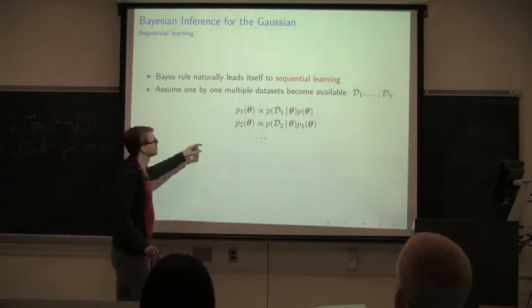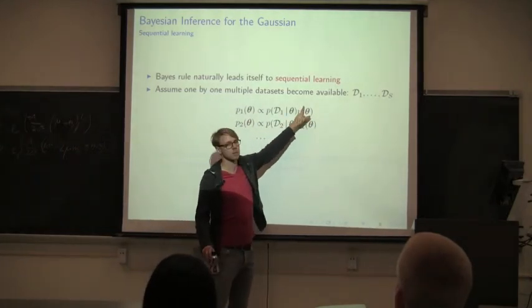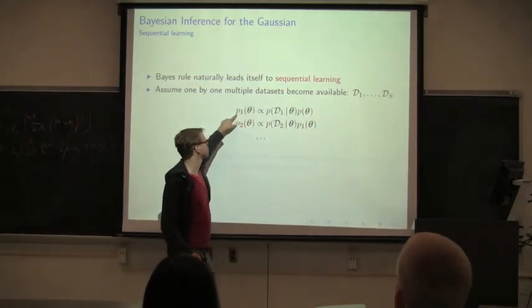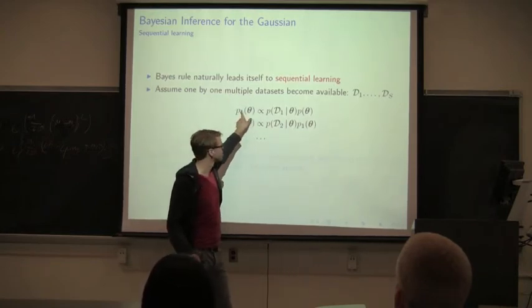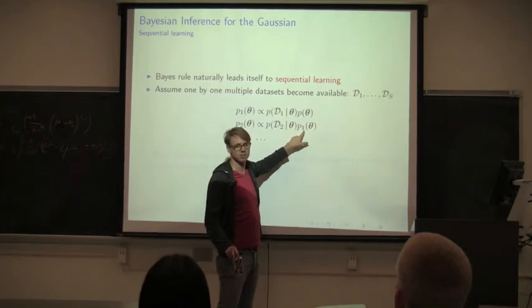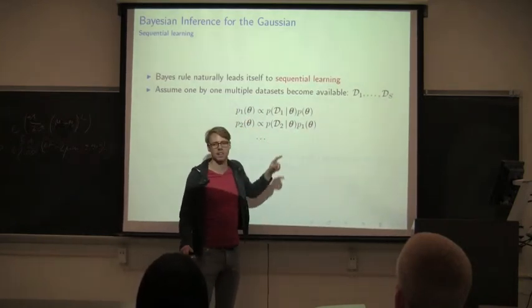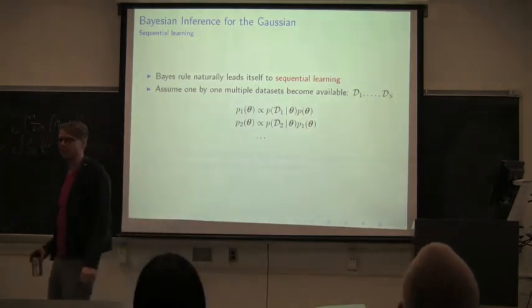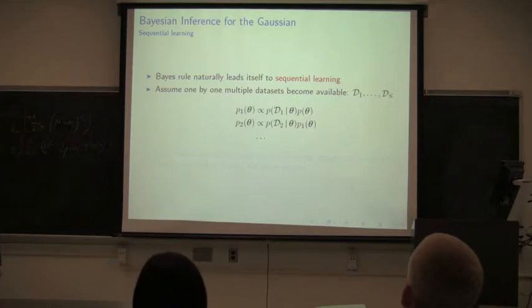But what we can do is basically use the first data set times the prior to get the posterior. The posterior is again a normal distribution. So let's plug that in as the new prior, and so on and so forth. And we've got a sequential learning algorithm.